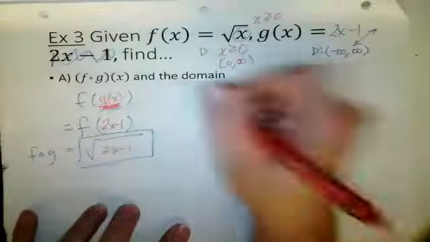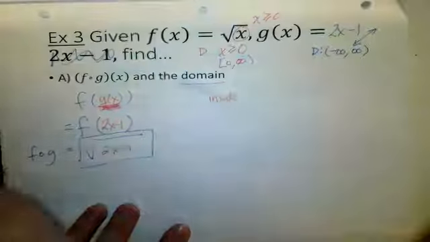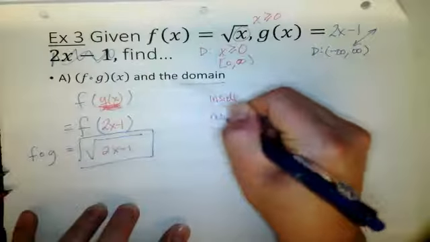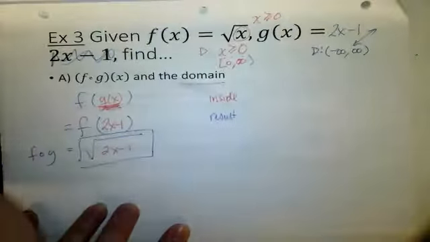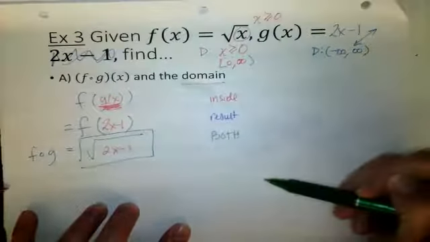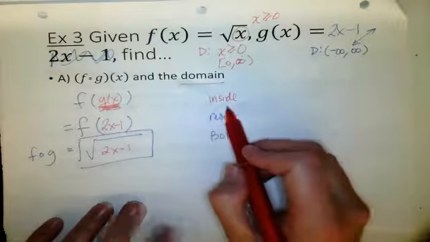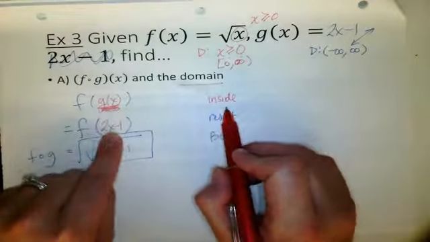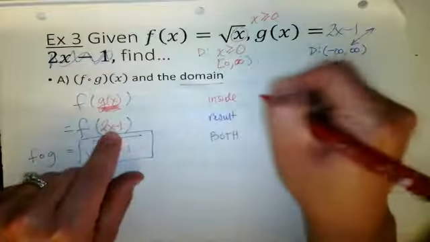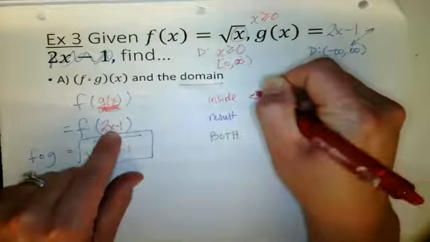So again, for the domain, I need to look at the inside function and at the result, and compare where it works for both. This is the process for domain. What's the inside function? 2x minus 1 is on the inside, and we already said the domain was negative infinity to positive infinity.